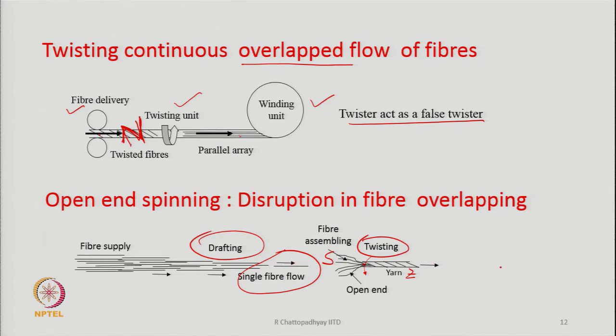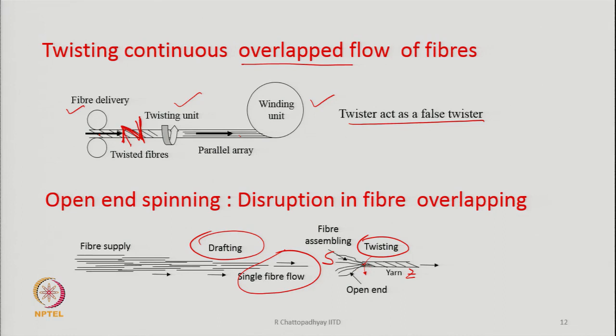On the right hand side, the fibers will be Z twisted. On the left hand side, as soon as the fiber arrives and gets picked up at the twisting point, the front end is picked up, and the trailing end of the fiber is free to rotate now.